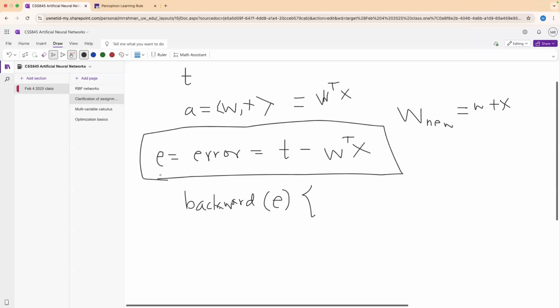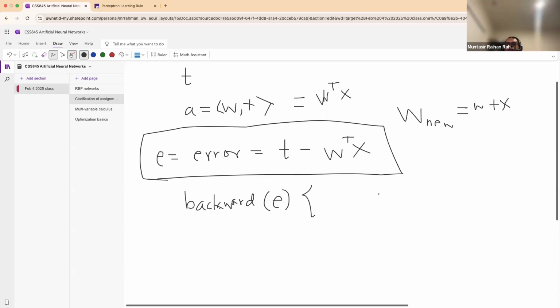Yeah, go ahead. So with a backward function, would the backward function be within the perceptron, or is it something I'm doing outside of it, like in a main driver? That depends on how you're implementing it.